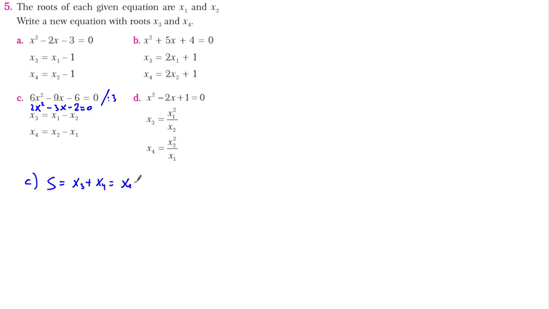That is x1 minus x2 plus x2 minus x1. Well, this and this cancel out, this and this cancel out, so the sum is 0. And the product, well, the product is x3 times x4. That means (x1 minus x2) times (x2 minus x1).